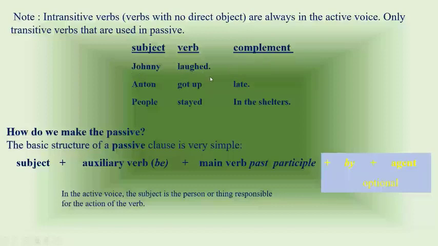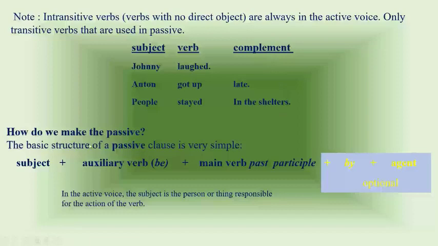A complete sentence with no object. Anton got up late. People stayed in shelters. Here, the complement is not the object. It's just the completion of the meaning of the sentence. By the way, please don't confuse complement here, spelled with E, which is from complete, with compliment with I, which is something like greetings.